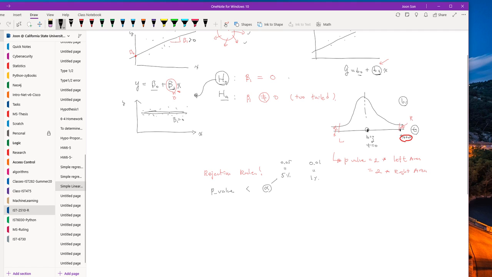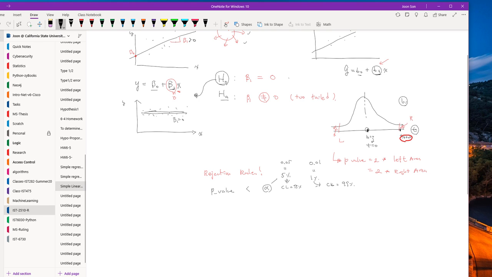In the first case your confidence level is 95%, and in the second case your confidence level is 99%.